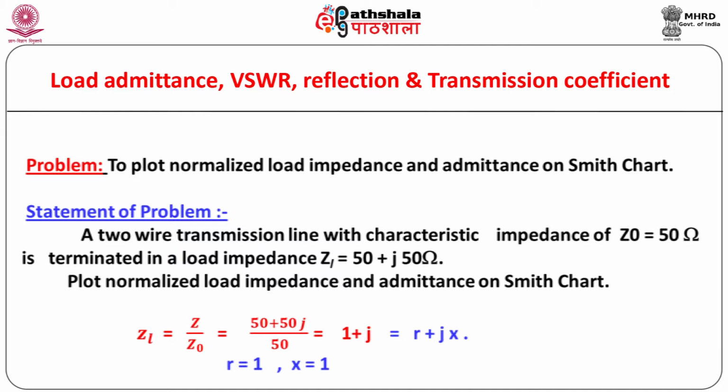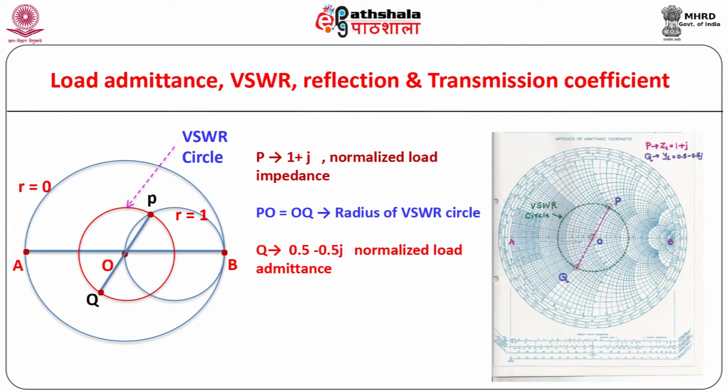Calculate normalized load impedance ZL. Second step, find the point P of intersection of R equal to 1 circle and X equal to 1 circle on Smith chart. Point P represents this normalized load impedance. Step number 3, with O as center, draw a circle with OP as its radius.